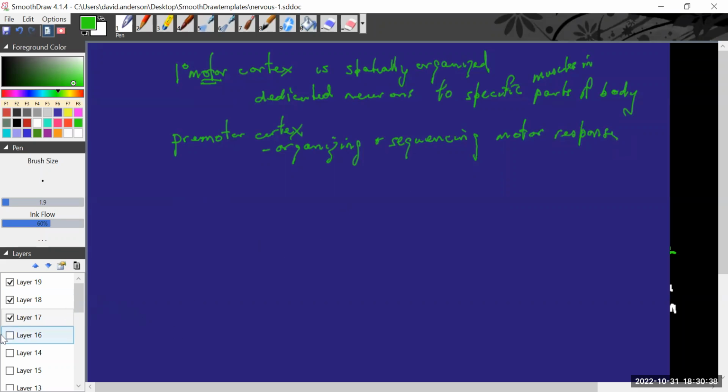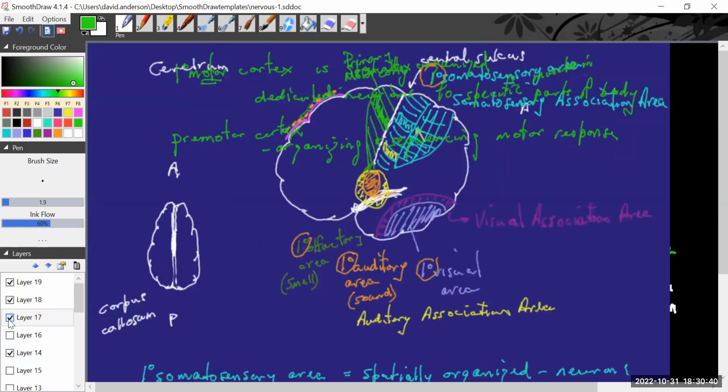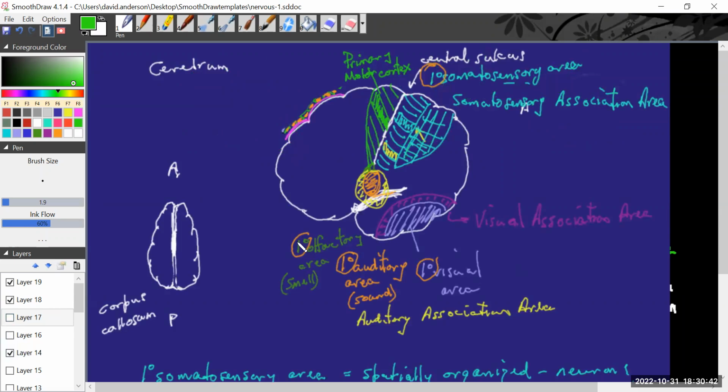So in our picture here, we've got a group of neurons. We'll change the color just a little bit.